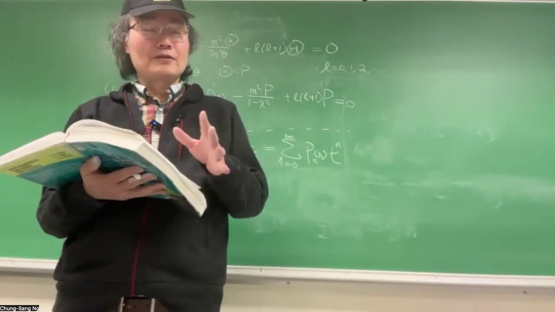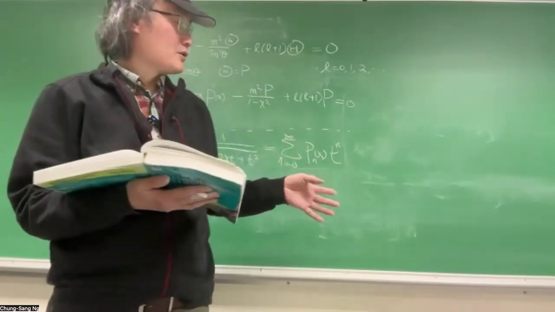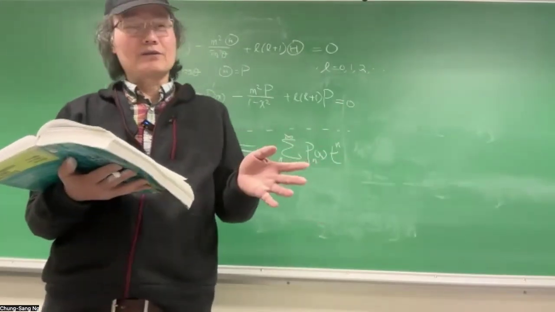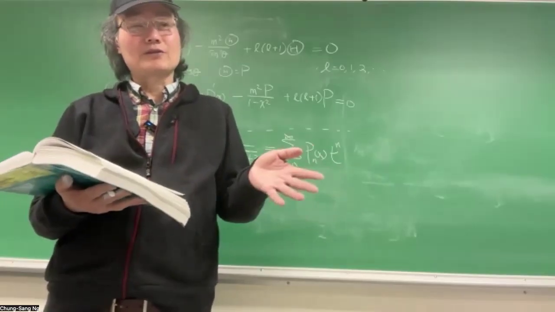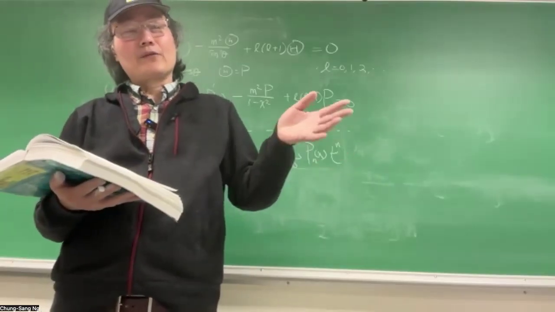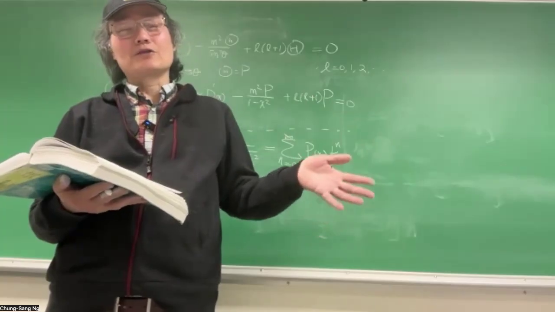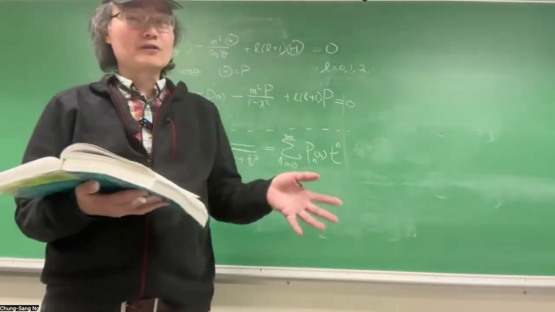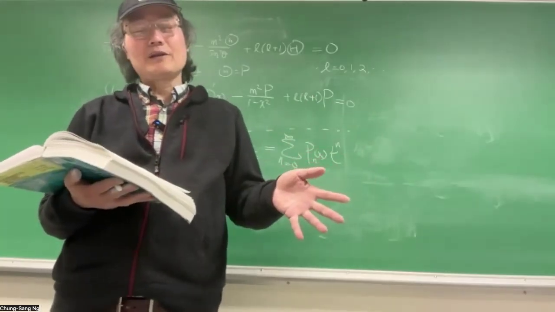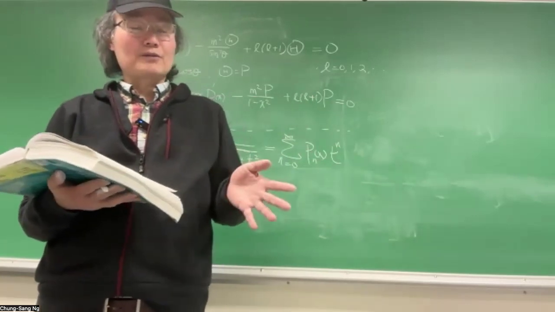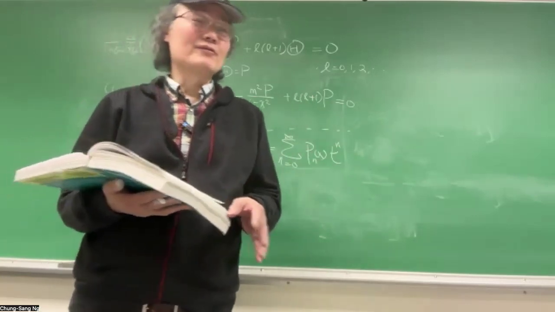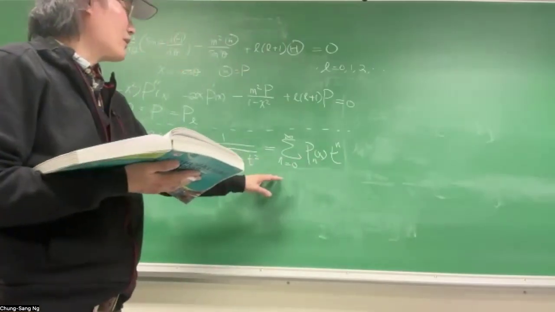We derived that using the generating function by taking the derivative of the generating function, and then from the recurrence formula, we showed that the functions satisfying the recurrence formula also satisfy the Bessel equation.